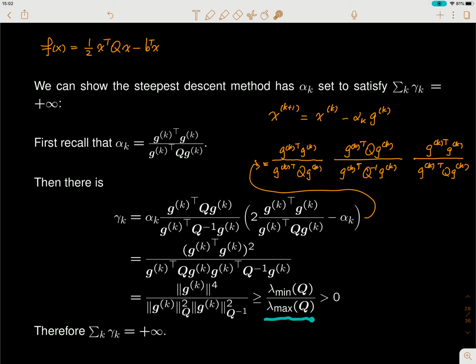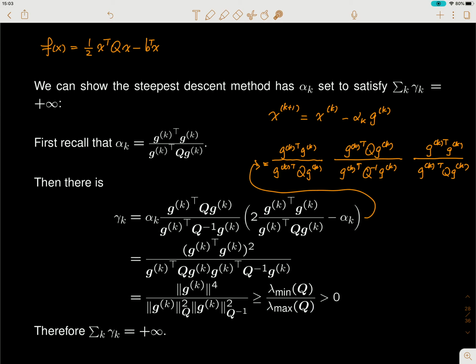But remember that Q is positive definite, so all the eigenvalues of Q are positive. That means this fraction has a positive number on the numerator and also the denominator. That's why it must be bounded away from 0. It's a positive number.